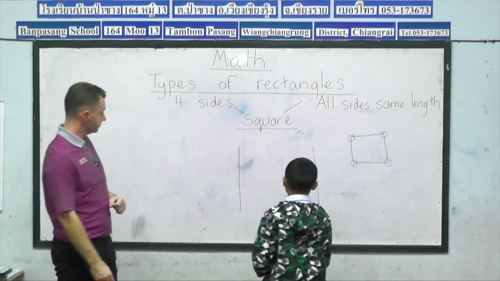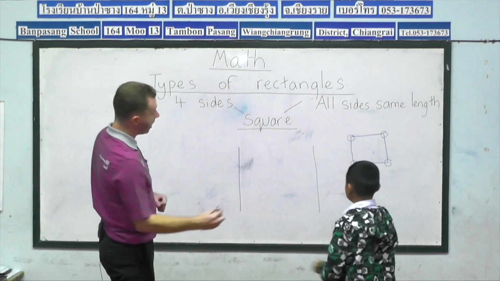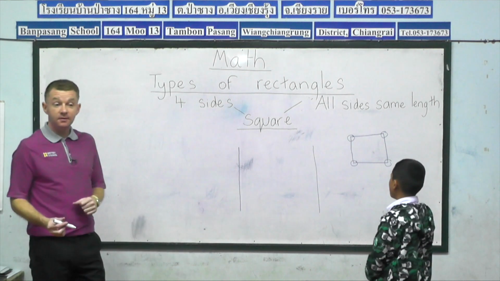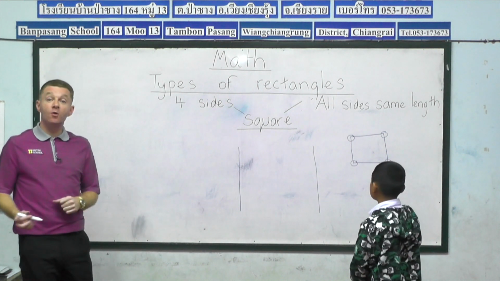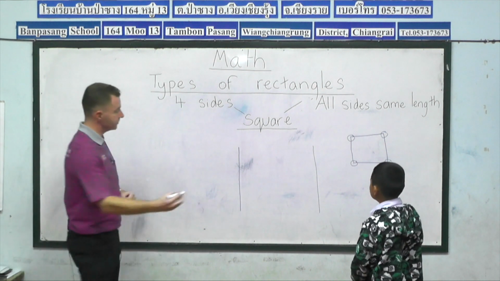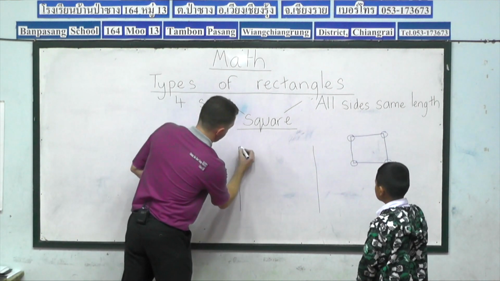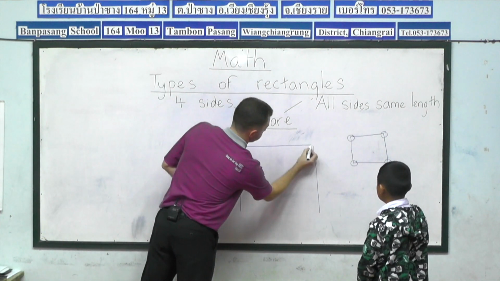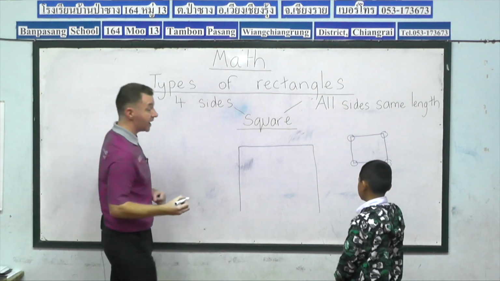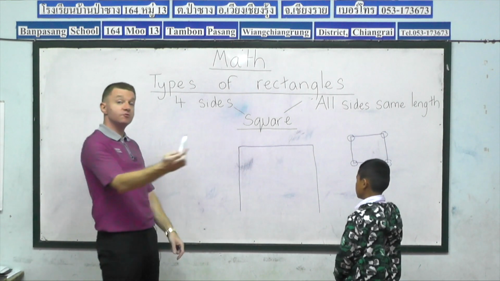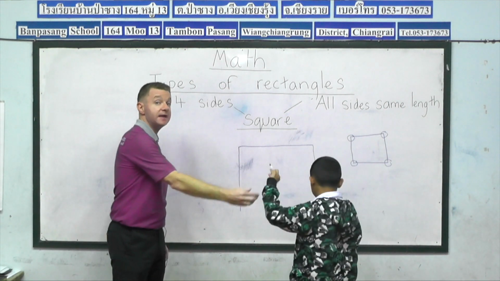Well done, Chu. That looks very good. So now, how many sides have we got? 2. How many more do we need? 2. We need another 2. So I'll draw the top one. We'll go from here to here, 3 sides, and then Chu can complete the square with the 4th remaining side.